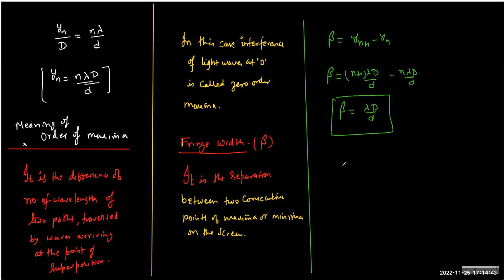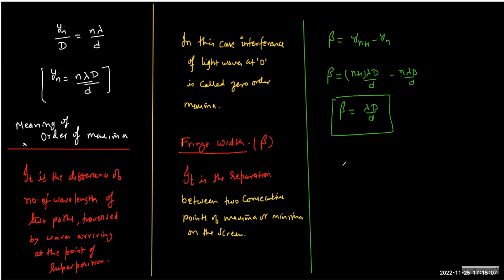So you won't be able to see the interference pattern distinctly. Rather, you will see a blur region of light. So bringing D to a very small value is also not suitable for obtaining the fringe pattern.